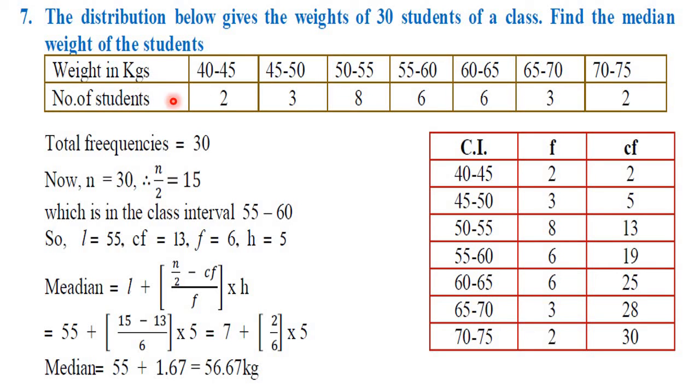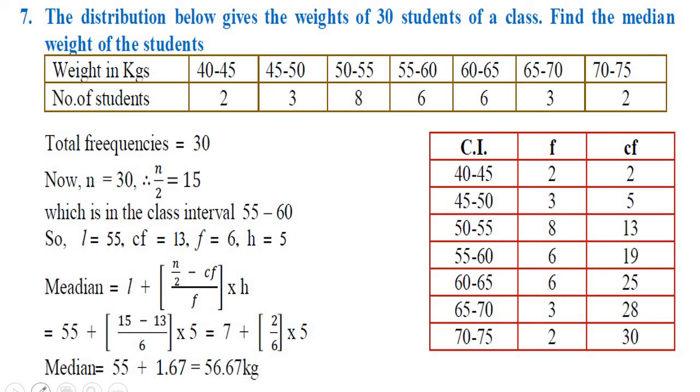Here the number of students are given. Let us write the weight as class interval and number of students as frequency. 40 to 45 is 2, 45 to 50 is 3, 50 to 55 is 8, 55 to 60 is 6, 60 to 65 is 6, 65 to 70 is 3, 70 to 75 is 2.